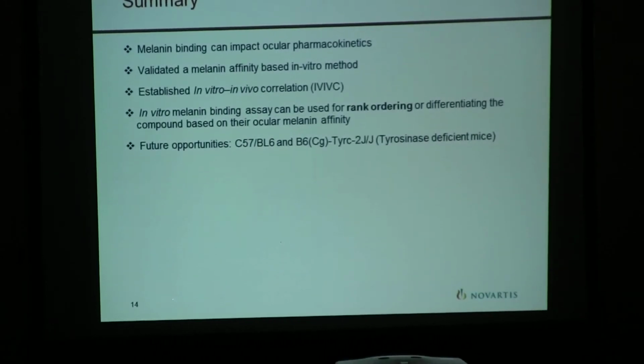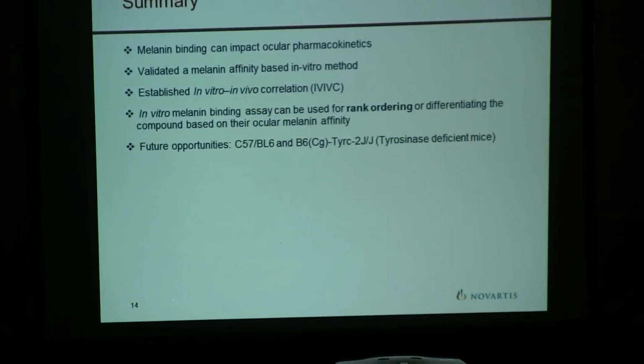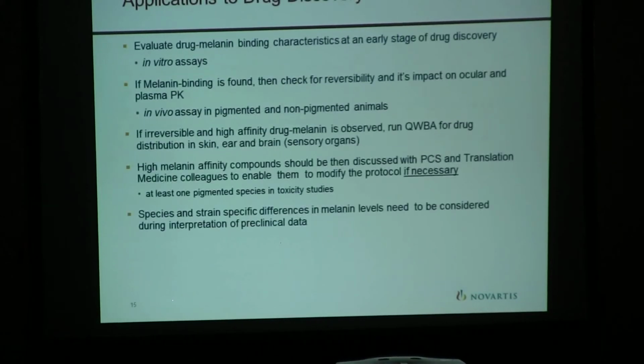By using knockout mice, we would have the same genetic background and only a difference in ocular pigments, and we can easily differentiate the effect.